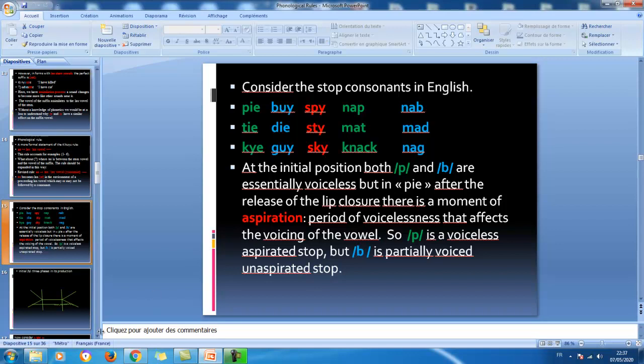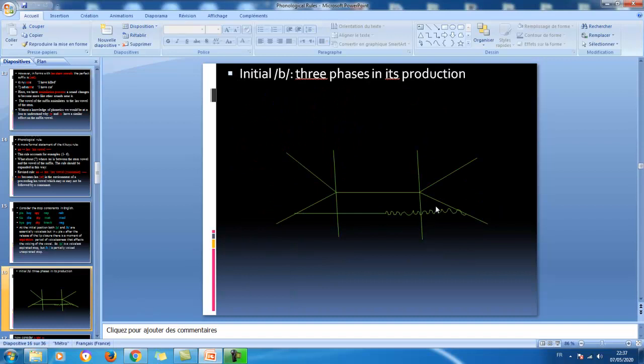So we can show that there is something in common between initial B and initial P. P is fully voiceless, but B is partially voiceless, because we begin voicing only by the end of its production.